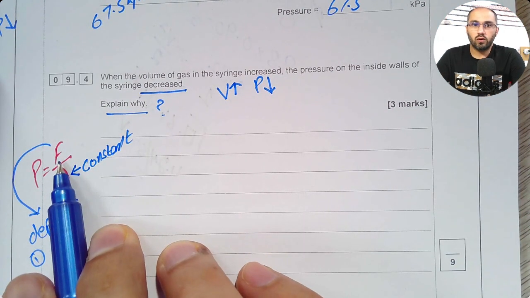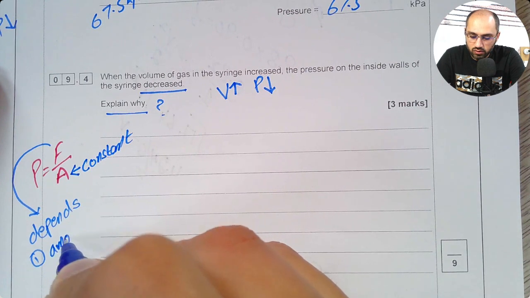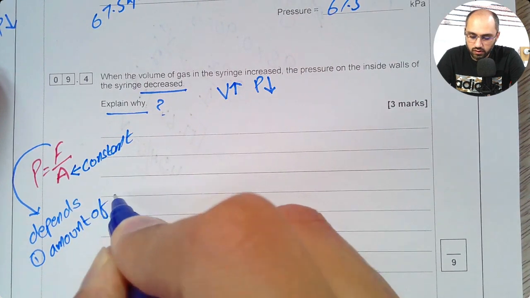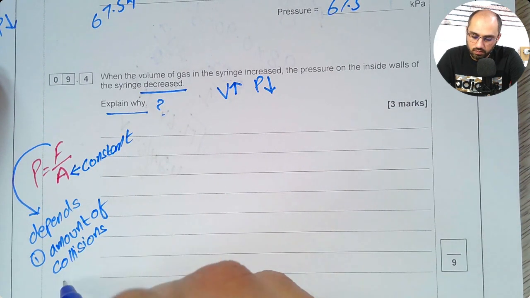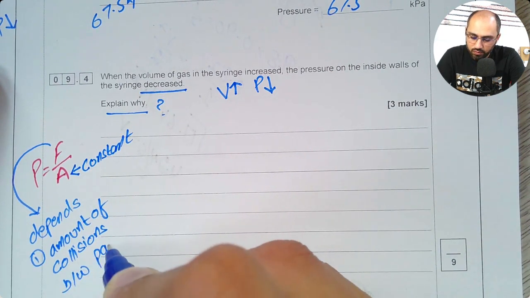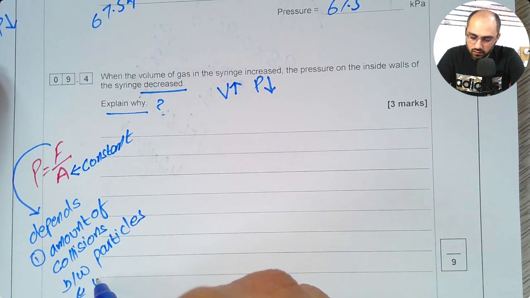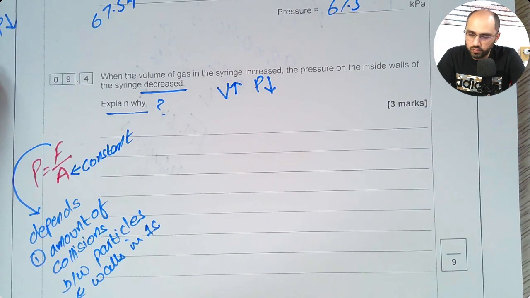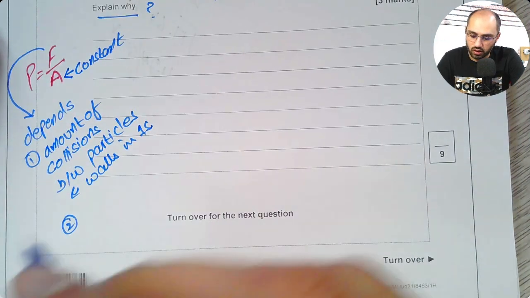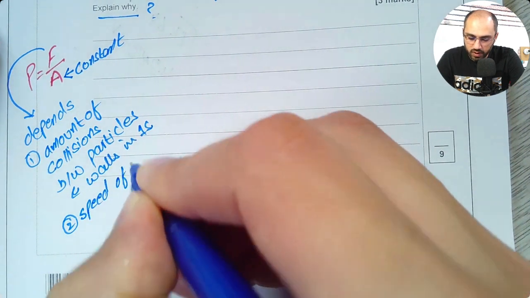The value of force will depend on the amount of collisions between particles and walls in 1 second. Number 2 will also depend on the speed of particles.